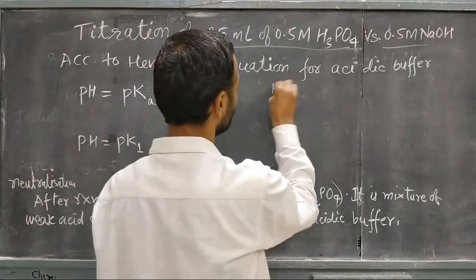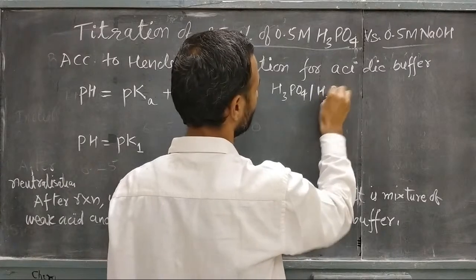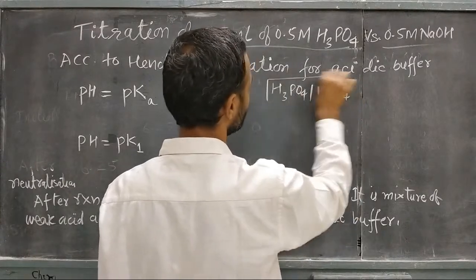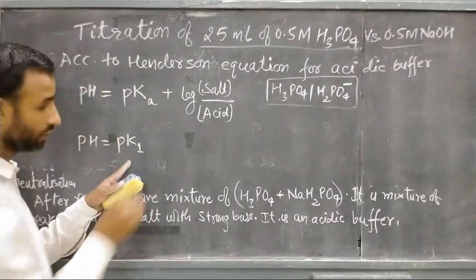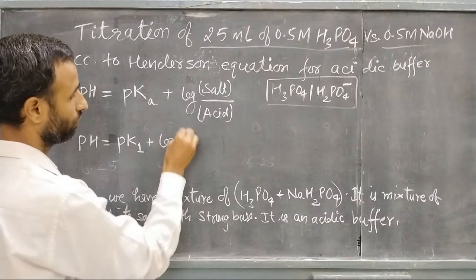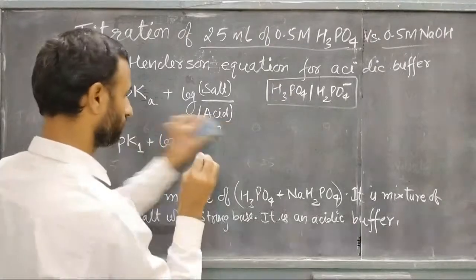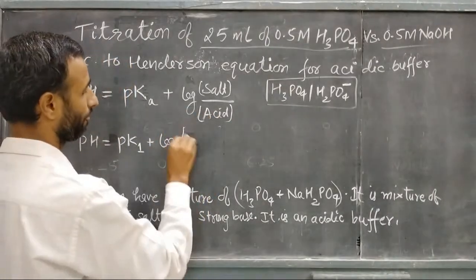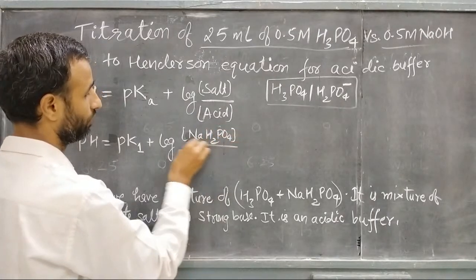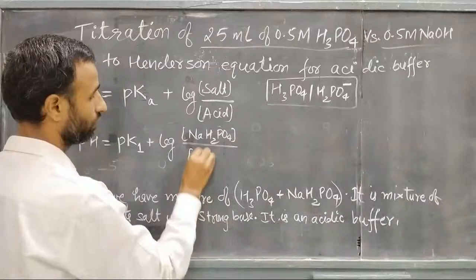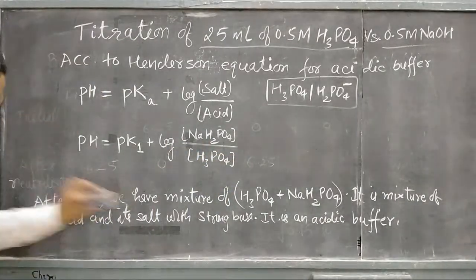It is like this: H3PO4 goes to H2PO4 negative. So the first H plus ion is replaced. So it is pK1 plus log of concentration of salt divided by concentration of H3PO4. Okay.